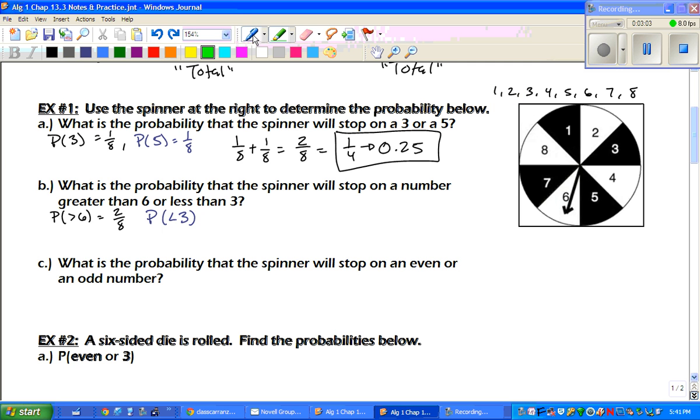There are only 2 numbers that are less than 3. And remember, I would not reduce these until we're done adding them up. So 2 out of 8 plus 2 out of 8 equals 4 out of 8. If we were to reduce that, we would get 1/2, and 1/2 as a decimal is 0.5.